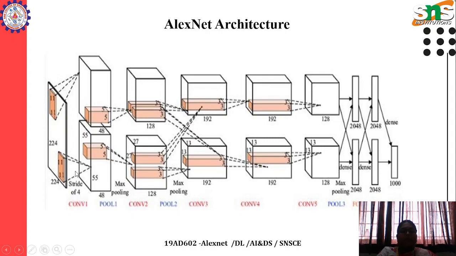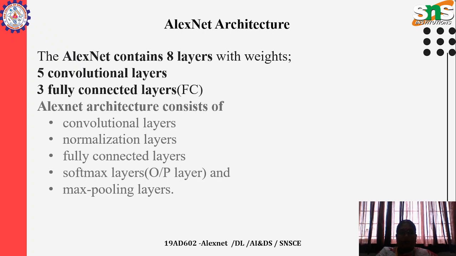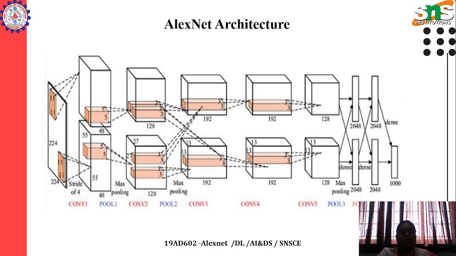There are filters present inside the convolutional layer. You need to remember that filters are present only in the convolutional layer. Inside the convolution we have the filters to filter the unwanted, irrelevant data from the other side.